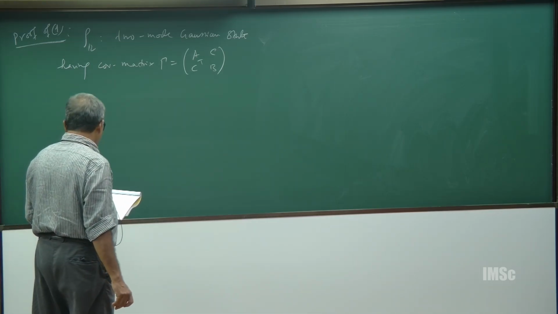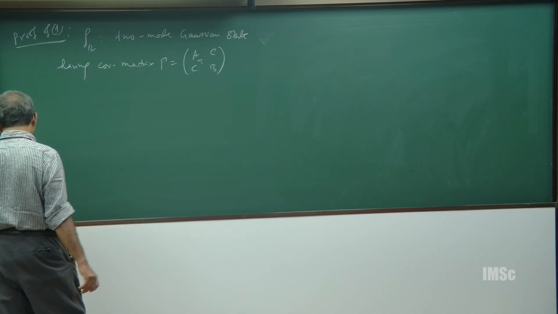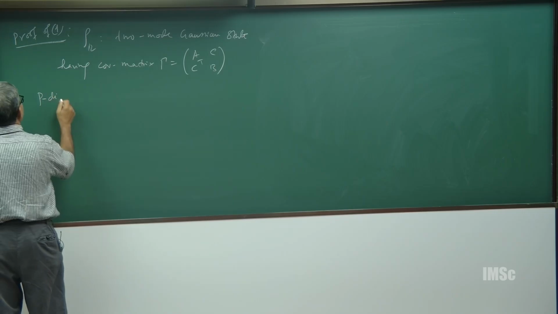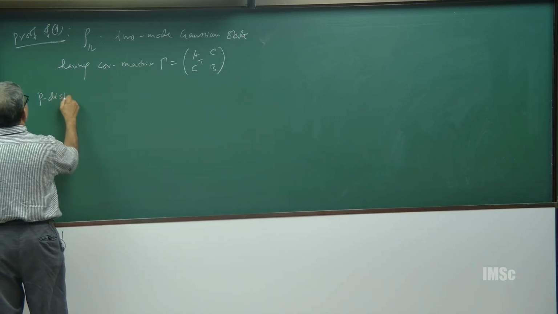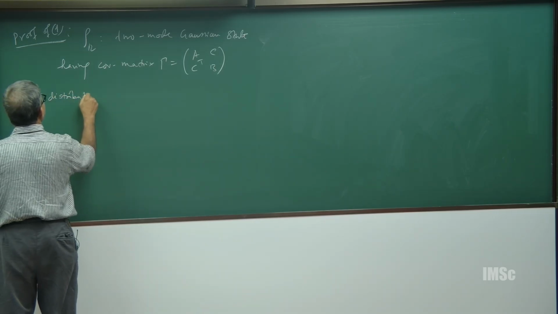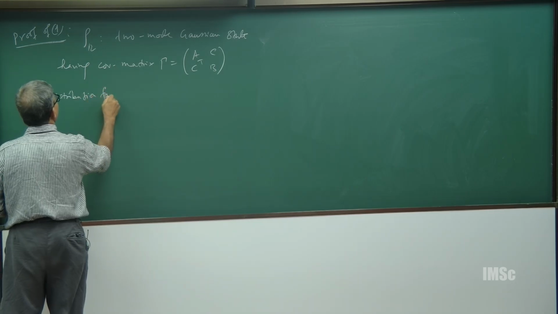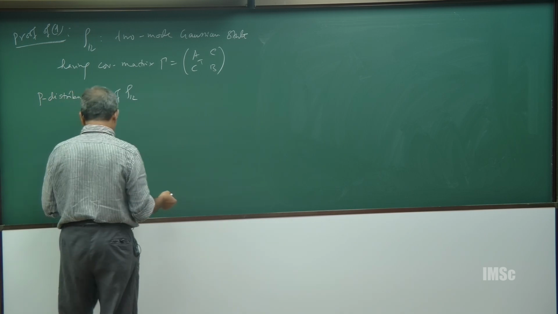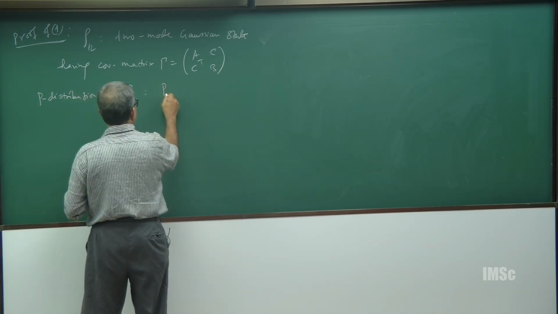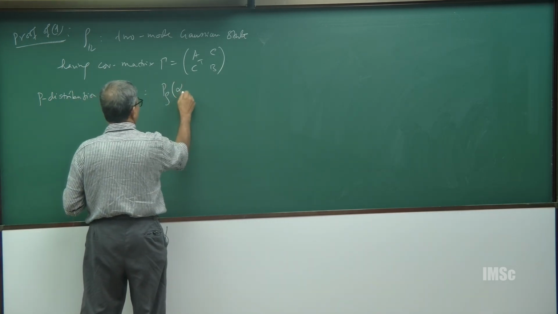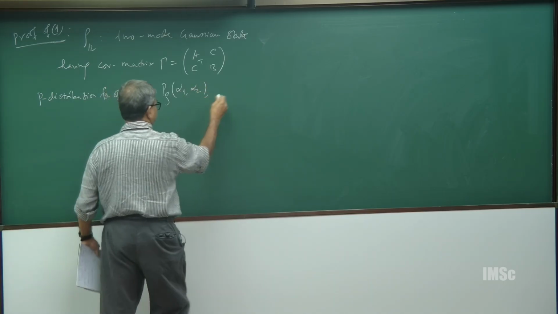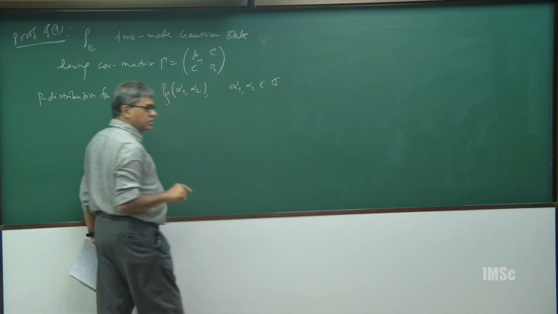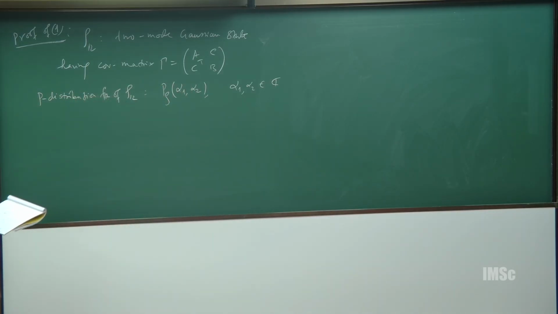Right. Okay. So, then let us see the P distribution. So, the P distribution function of rho is P rho of alpha 1, alpha 2, where alpha 1 and alpha 2 are complex numbers. This is the P distribution.